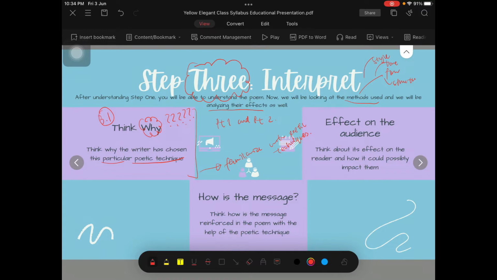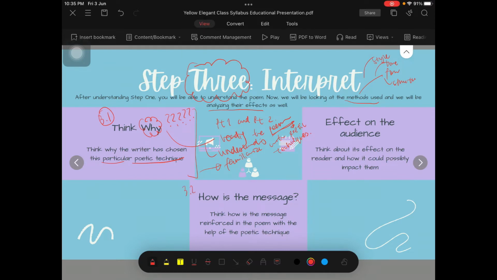Understanding why usually comes in two steps: first of all reading the poem, and step 2 is of course understanding the poetic techniques. These are two ways which will help you understand why a writer has chosen to use a particular technique in their poem.